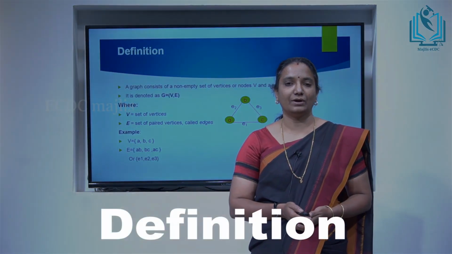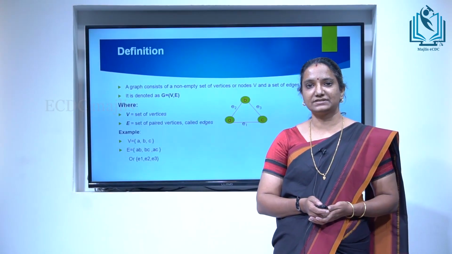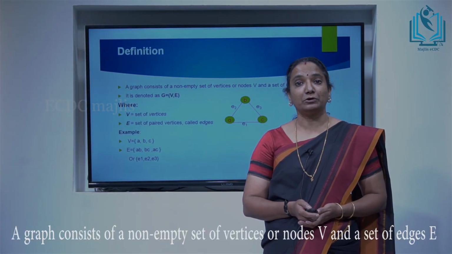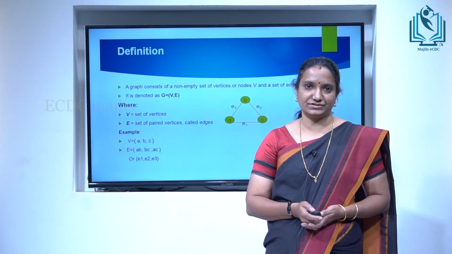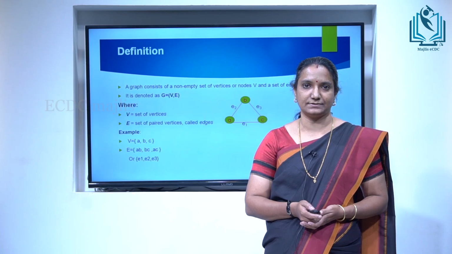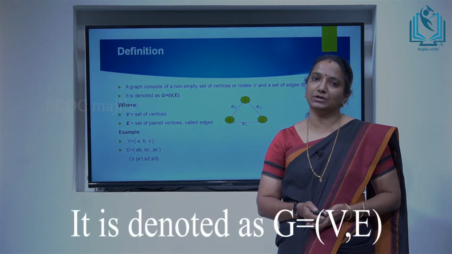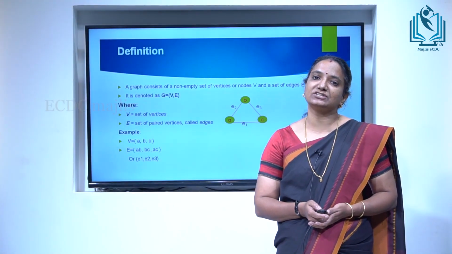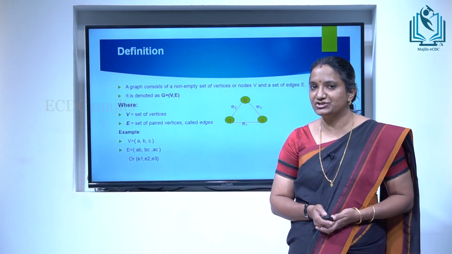Next, we are going to learn the definition of a graph. A graph consists of a non-empty set of vertices or nodes V and a set of edges E, that is, pairs of vertices. The graph is represented by G equal to (V, E), where V is a set of vertices and E is a set of edges.